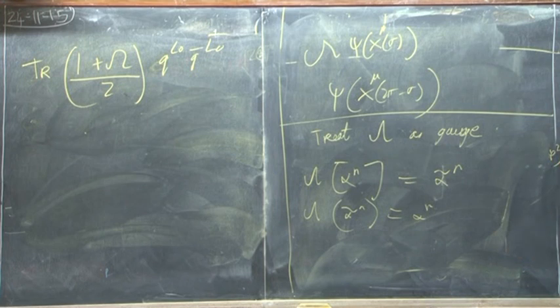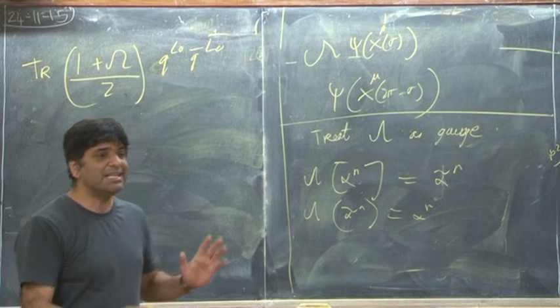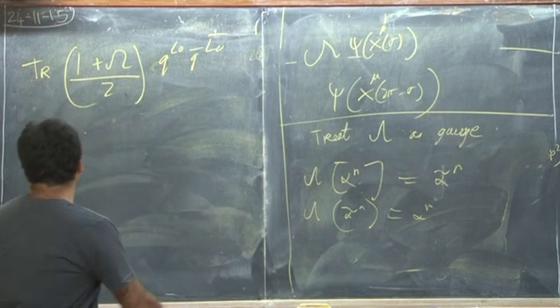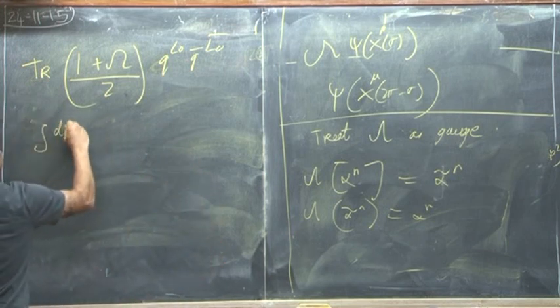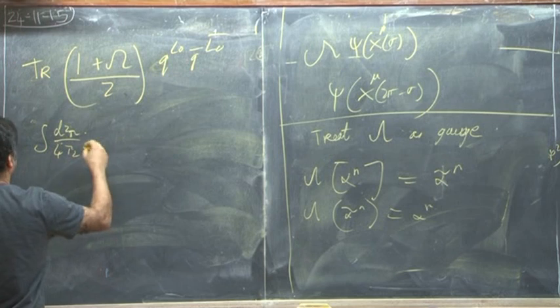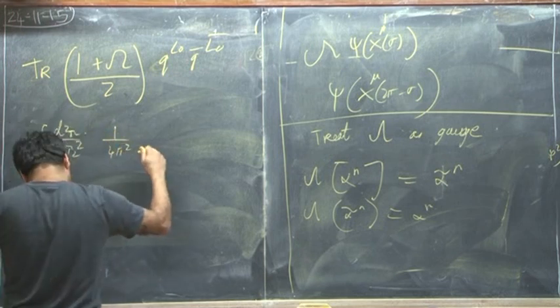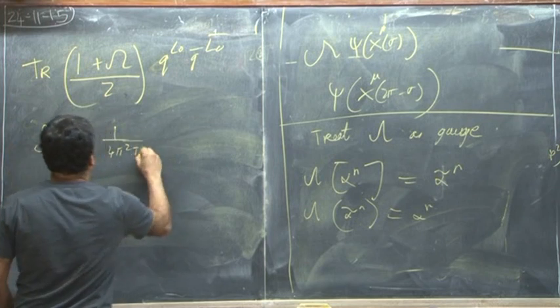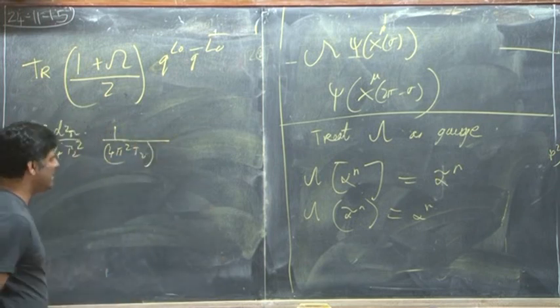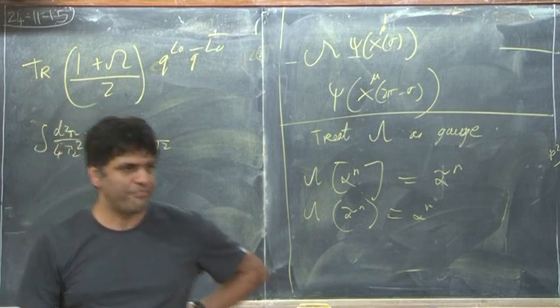Okay. Great. So, in the same formula as before, we will get d2 tau by 4 tau 2 squared, 1 by 4 pi squared tau 2 to the power 12. None of this has changed.